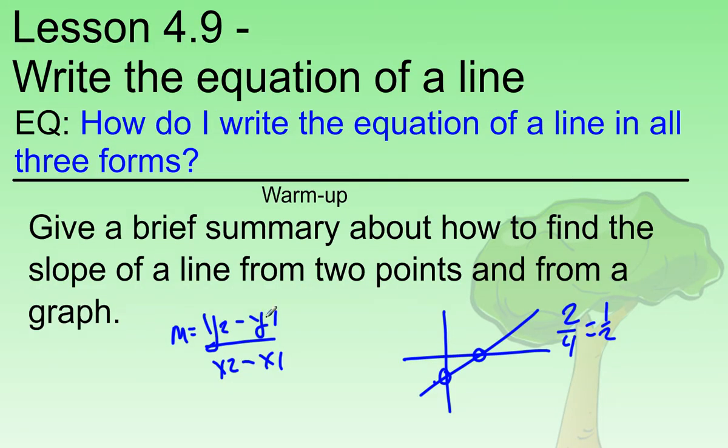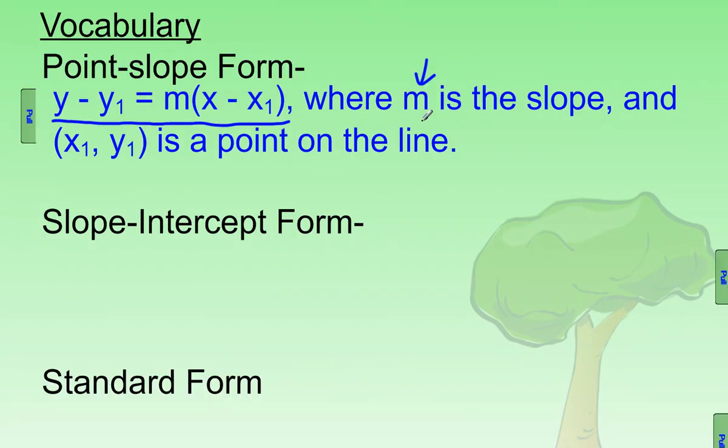Just like in our previous examples, we've been writing m equals whenever we do slope, because the m variable is used for slope. And x1 and y1 is a point on the line.